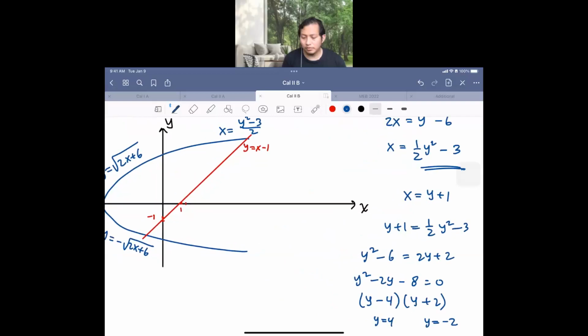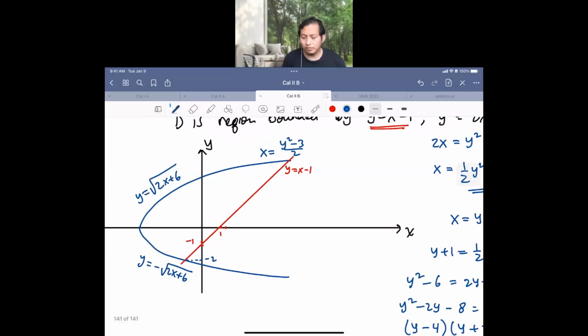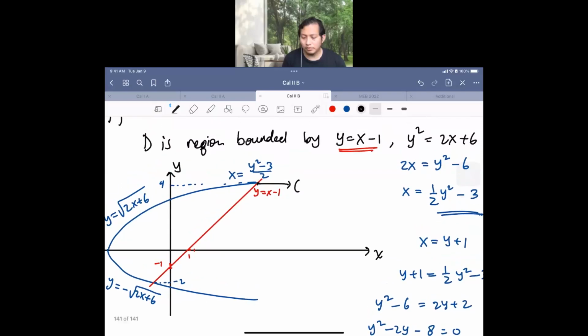Now we say that negative 2 is probably here, and 4 is probably here. So when y is 4, this will be the point (5, 4).